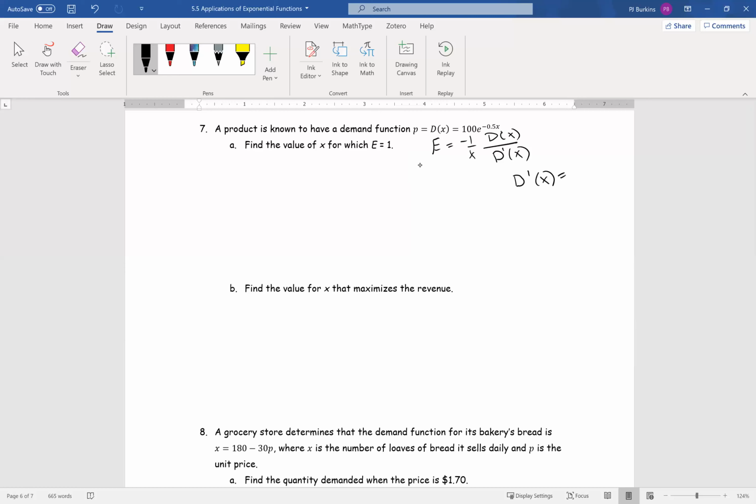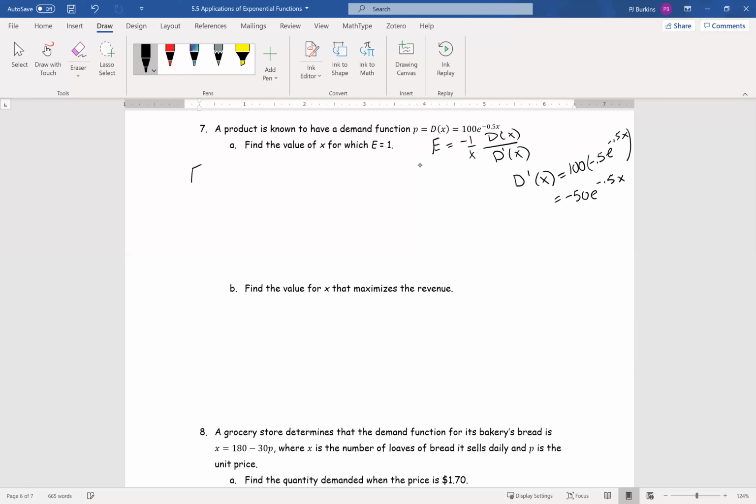Now, you guys are all being really loud. I can't hear it one person at a time, so I guess I'll help you out here. 100 stays. Then for the exponential, we just bring down that number, so minus 0.5, and then leave the exponential. So minus 50 e to the minus 0.5x.